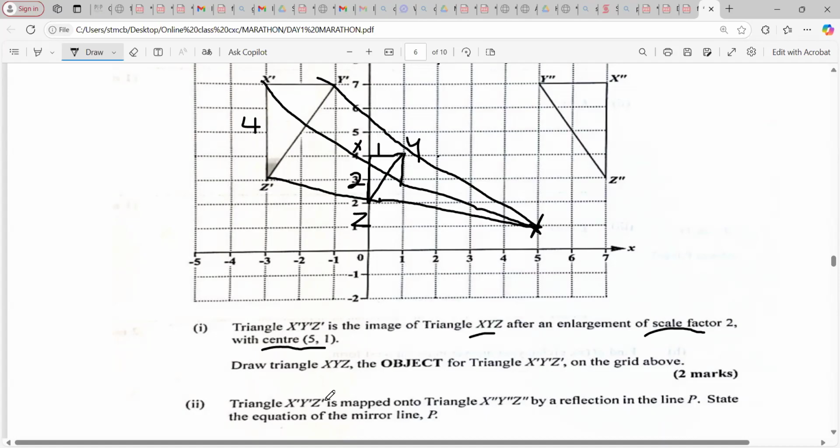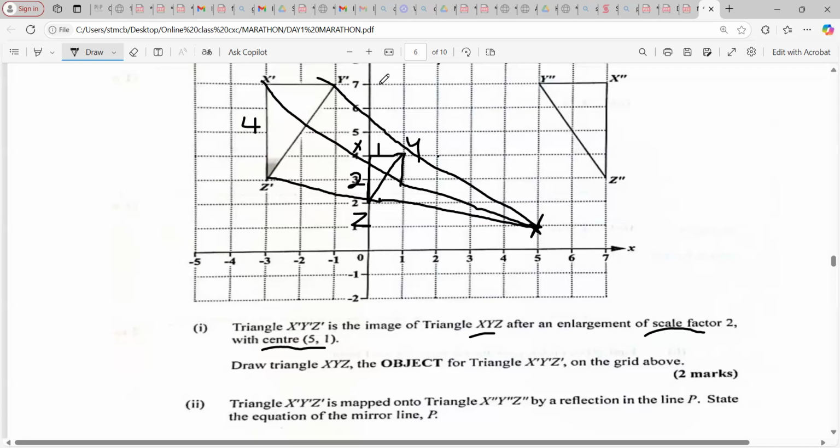Alright, this one says triangle X1 Y1 Z1, which is this, is mapped onto triangle 2, which is this, by a reflection in the line P. State the equation of the line P. Oh, it says a reflection. 1, 2, 3, 4, 5, 6.